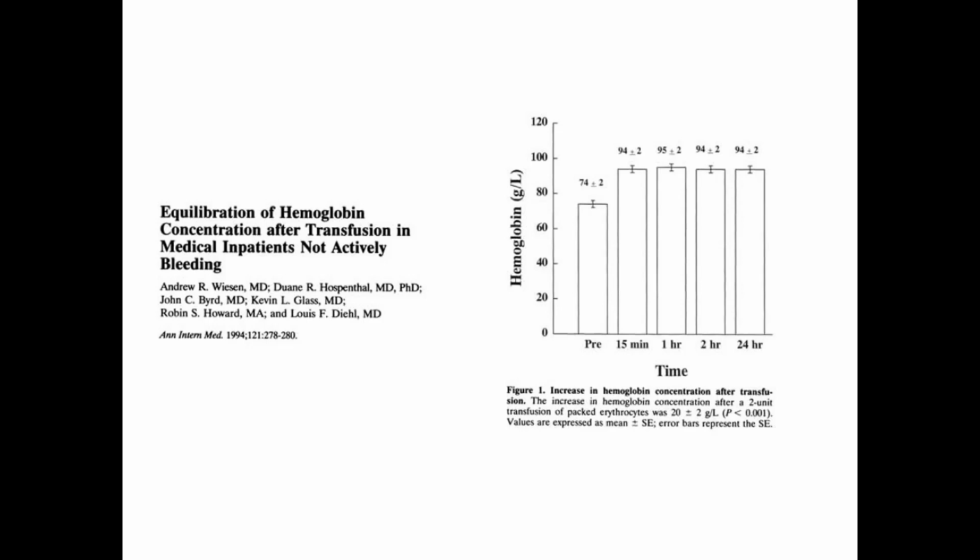And they've shown quite nicely that a CBC measured 15 minutes after the transfusion is equivalent to checking a CBC at the 1, 2 hour, or 24-hour mark. And so we recommend that after a single unit transfusion, hemoglobin can be checked within 15 minutes. And if that still shows a level that requires additional units, then we recommend giving an additional unit and rechecking the hemoglobin as needed with every subsequent unit.